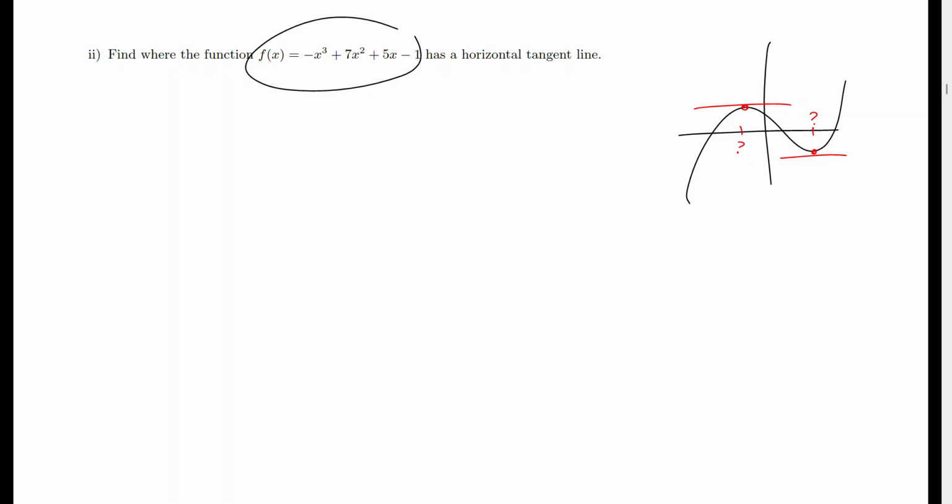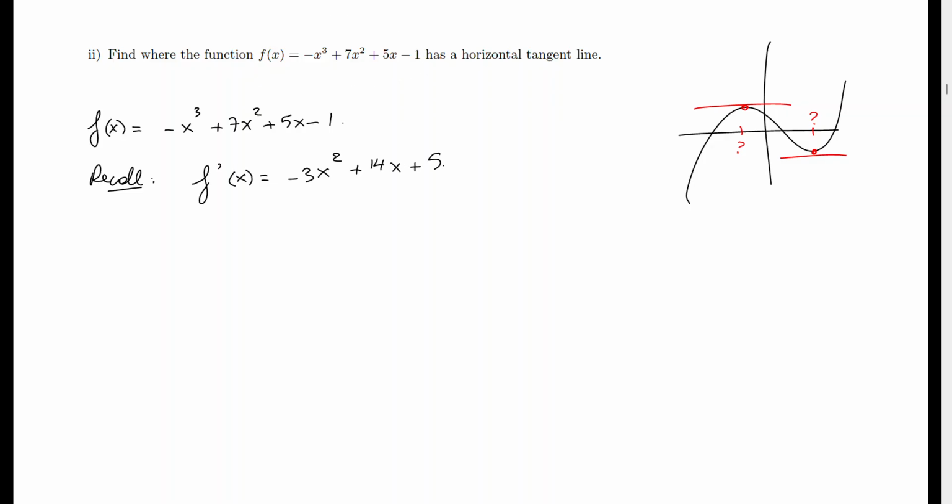So the first thing I need to do is recall the derivative. My function is -x cubed plus 7x squared plus 5x minus 1. And we found that f prime of x, the derivative, was -3x squared plus 14x plus 5. So this was the derivative of the function f of x. And we want to know where it has a horizontal tangent line. By the way, horizontal lines have slopes equal to 0.